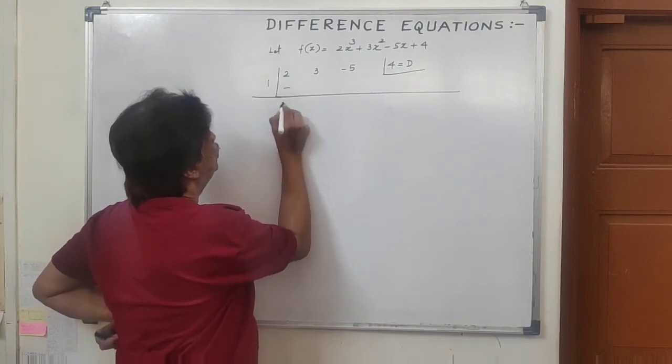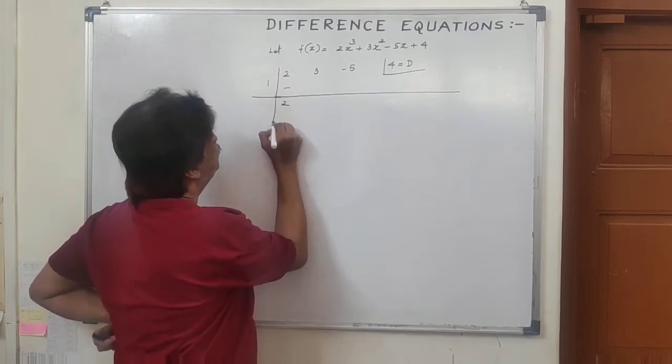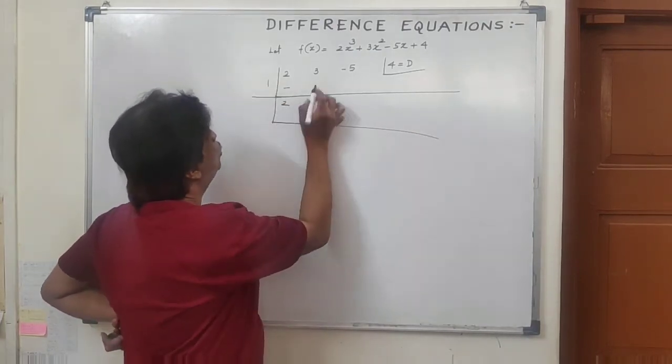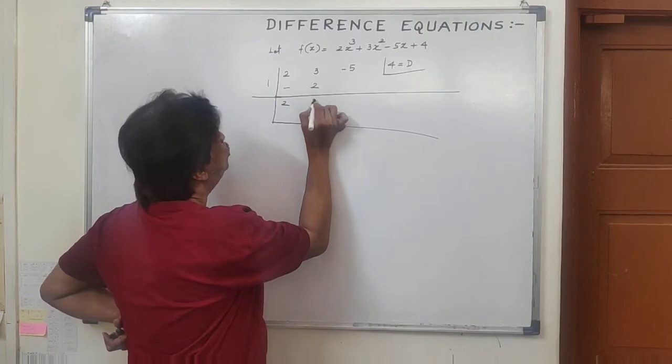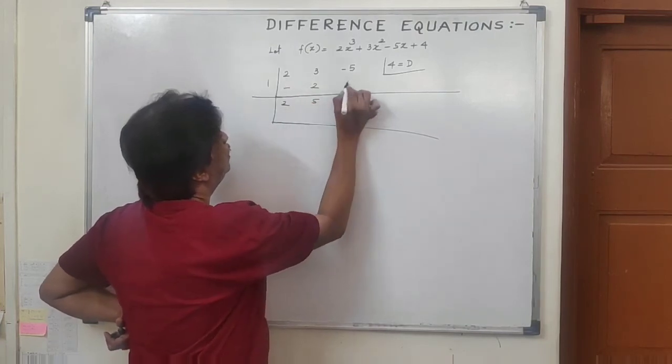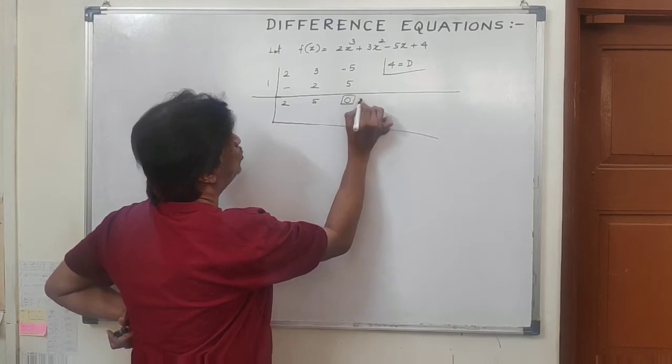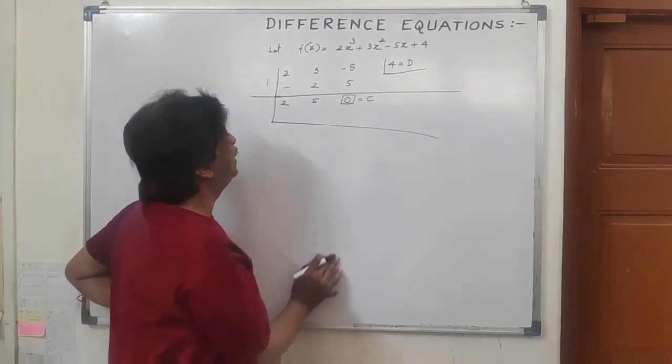So 2, 1 into 2, 2, 3 plus 2, 5, and 5 minus 5 is 0. Now detach this last coefficient, name it as c.